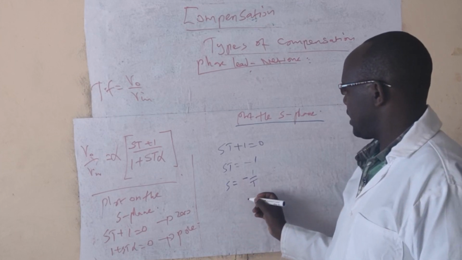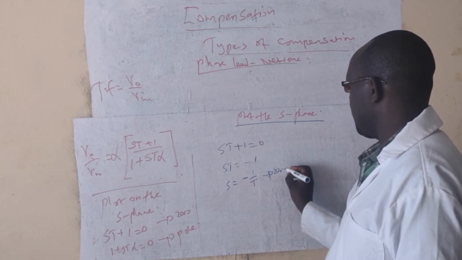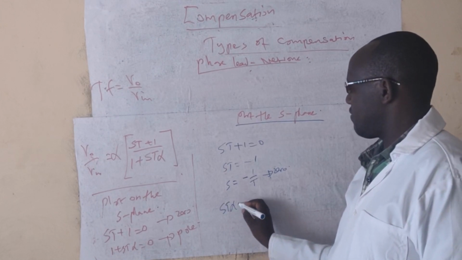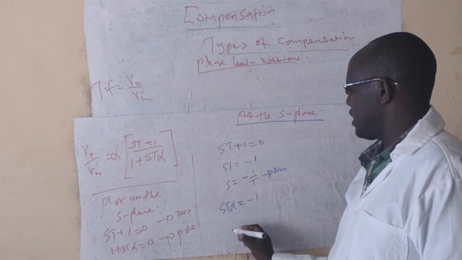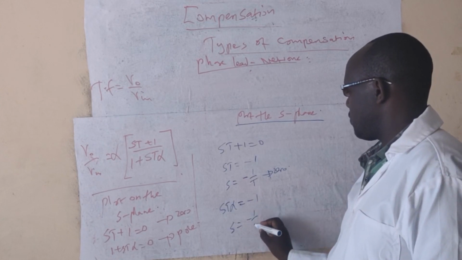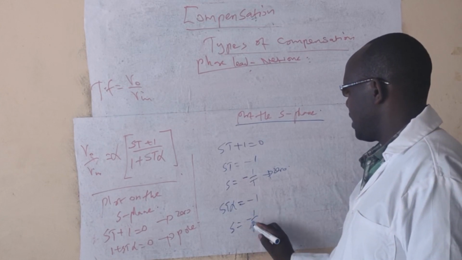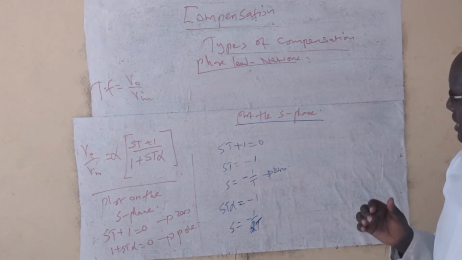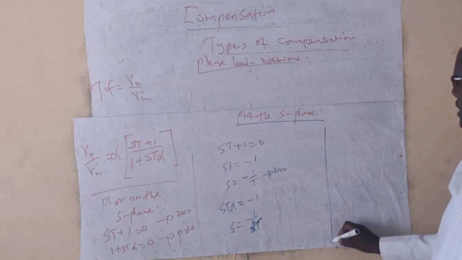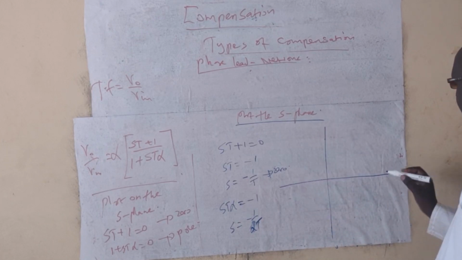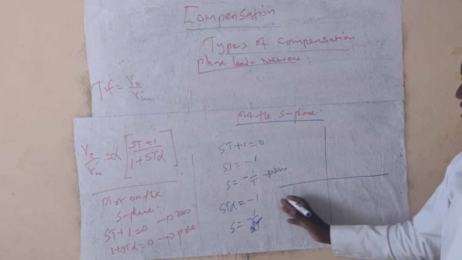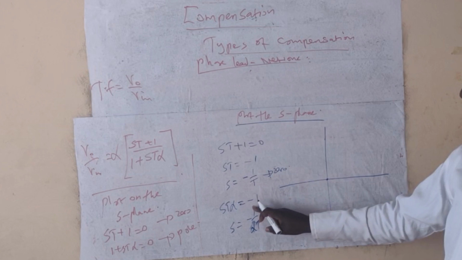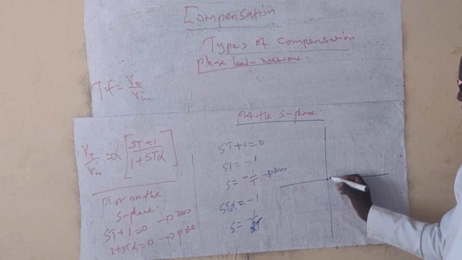Then you go to the other one. This one is going to be the zero. ST alpha is going to be negative 1, so S is going to be negative 1 all over alpha T. So you draw the S plane. Since it is on the negative side, this one is closer to the origin.